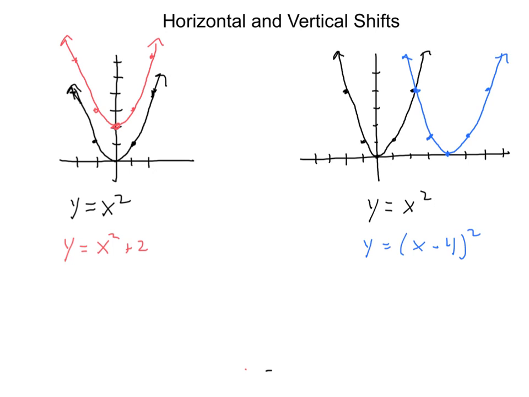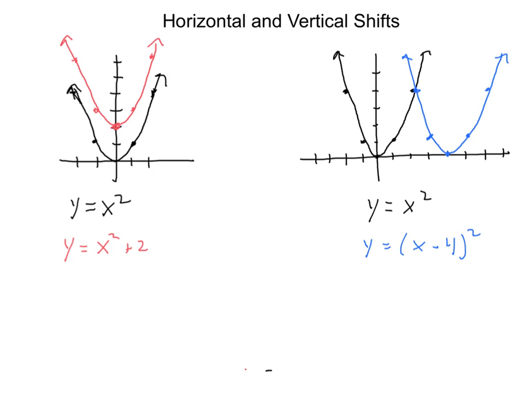We want to talk about the effect of that plus 2. What it did is it took the point at the origin, the vertex of x squared, and moved it up to the point 0, 2. In other words, we went up 2 units. The point at 1, 1 went up to the point 1, 3. Again, up 2 units.